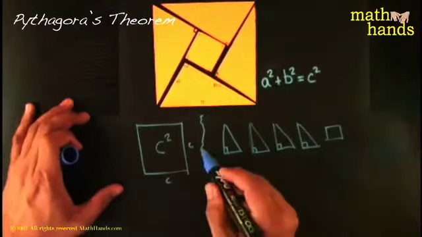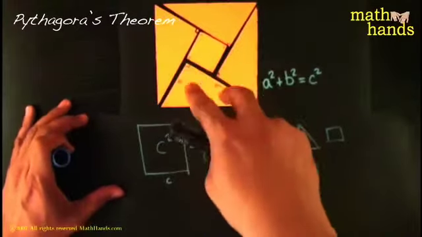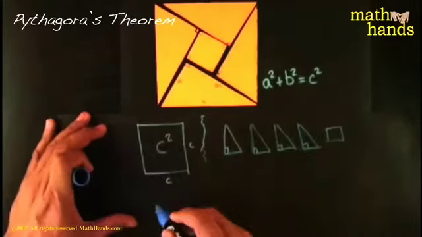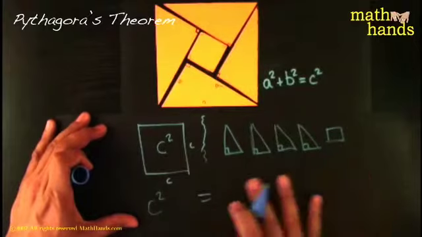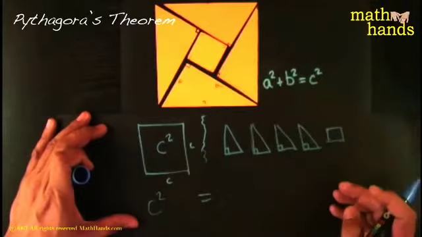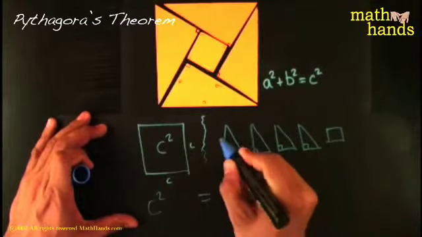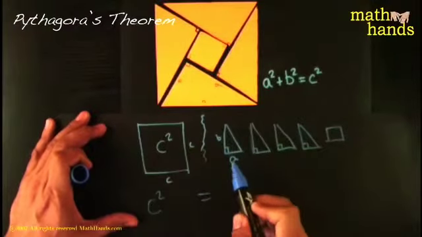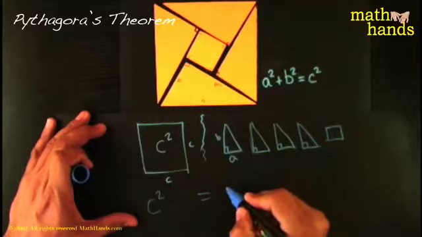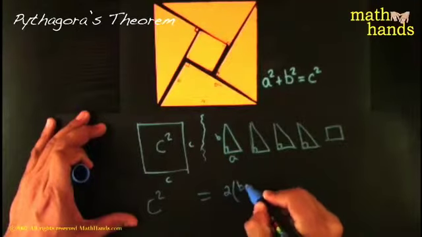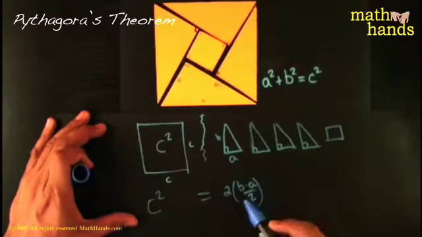And so the idea is to look at this shape and look at its area in two different ways. Over here, the area is C squared, but it must be equal to the area on this side because it's exactly the same area, just cut into little pieces. And this area we can figure out using the formula for the area of a triangle: base times height divided by 2. By the way, that's also an interesting question.